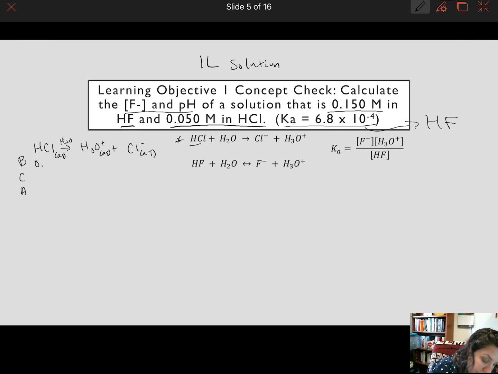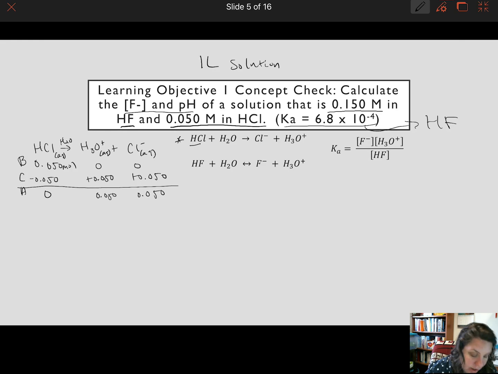We start out with 0.050 moles here, minus 0.050, plus 0.050, plus 0.050, giving us a total of 0.050 moles of hydronium and 0.050 moles of chloride ions.